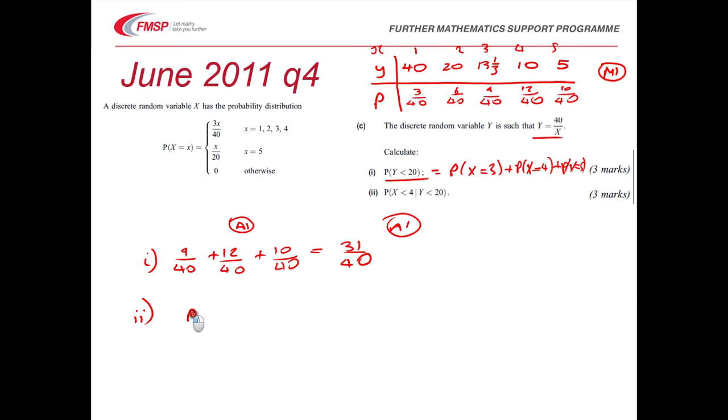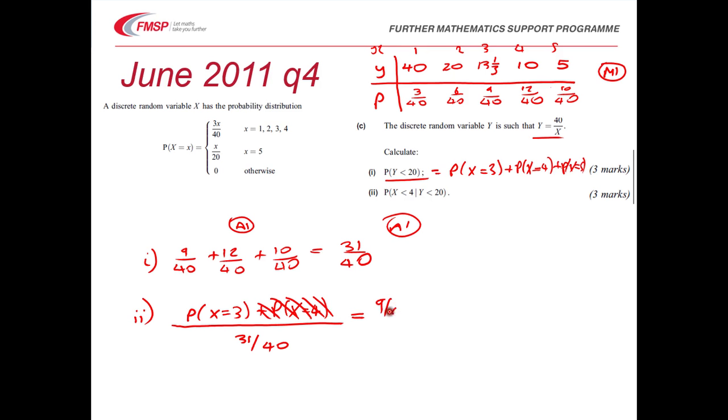So this is the probability of x equaling 3 or x equals 4 out of all of the probabilities that we've just calculated, so 31 out of 40. So if we work this out, probability of getting a 3 and a 4 is going to be your 21. Sorry, less than 4. So let's stitch that, my bad.